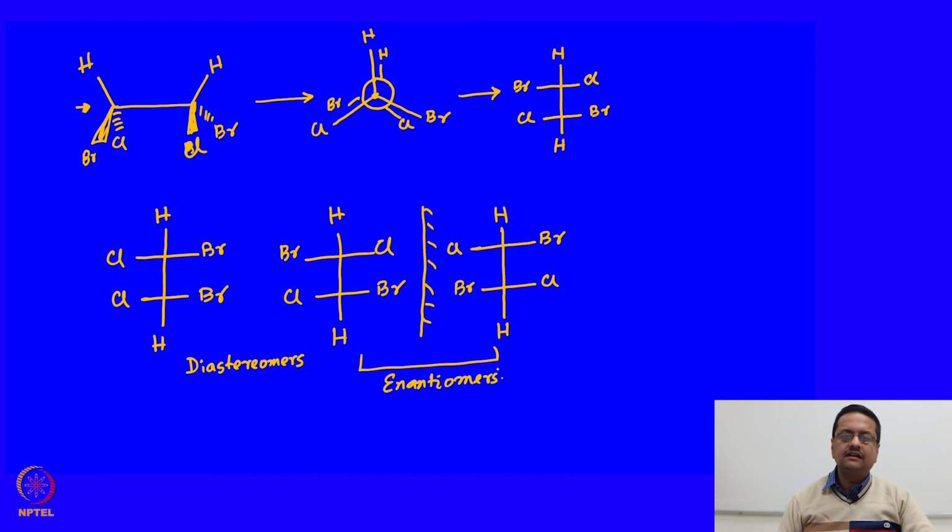Therefore, you can see the importance of having a Fischer projection. If you draw a molecule in a Fischer projection, you can easily identify what relationship is there between the two molecules which are isomers, which are some kind of stereoisomers, whether it is a diastereomer or enantiomer. It is very easy to identify if you draw the molecule in the corresponding Fischer projection.